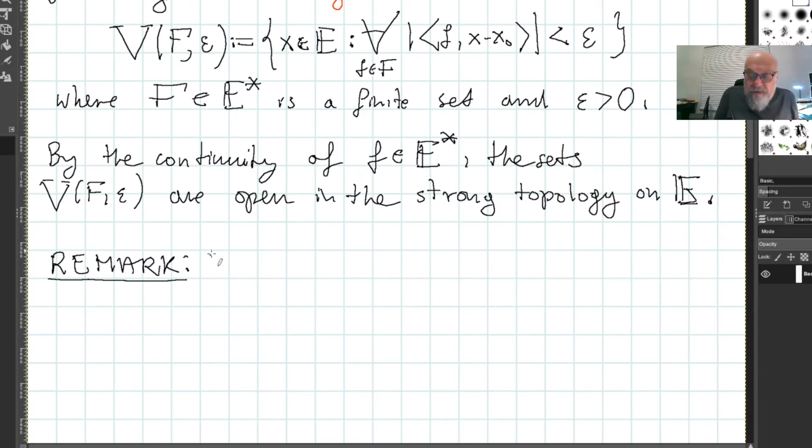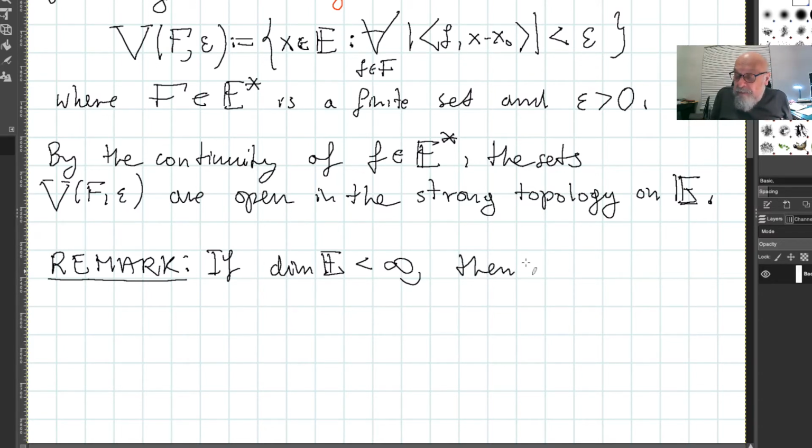So let's say the dimension of this Banach space E is finite, and we know that in this case this space can be identified with the Euclidean space, for example, equipped with the norm infinity. So that means E can be identified with Rn together with this norm infinity, you know what it is.